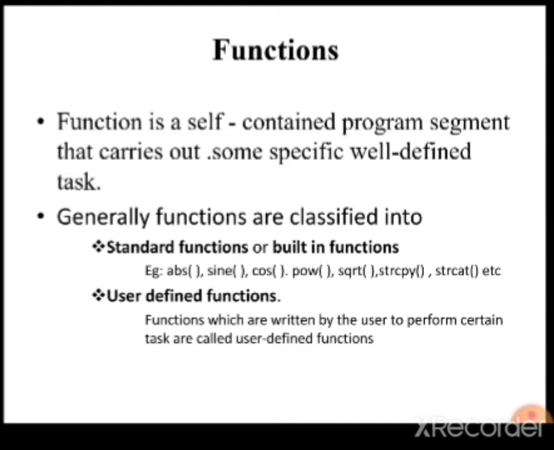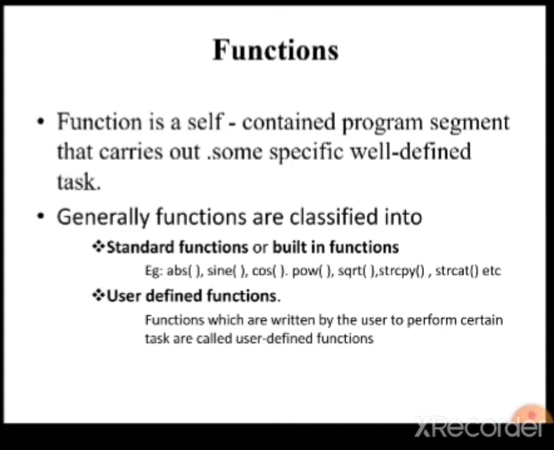So sometimes our program is complex or lengthy, or we have to use the same code again and again in the program many times. So what we can do at that time is define that code in a function.